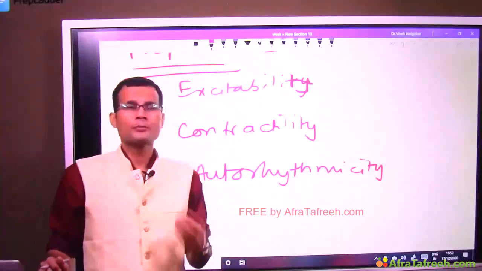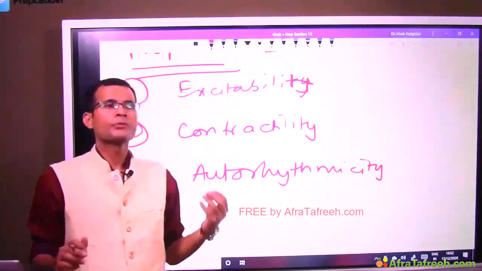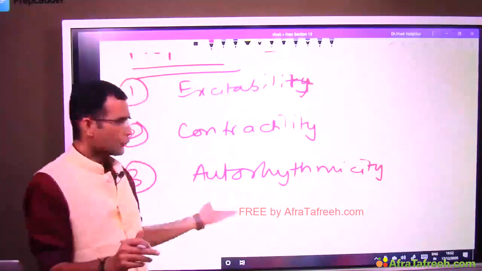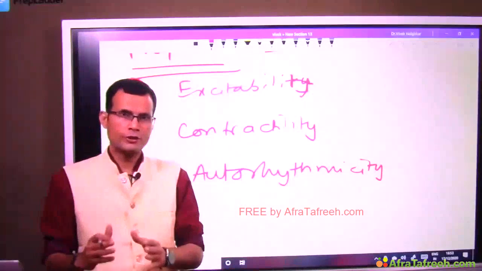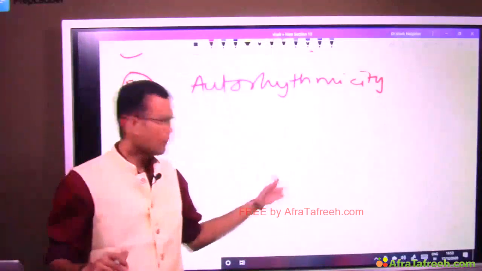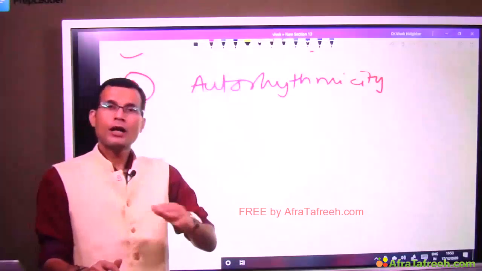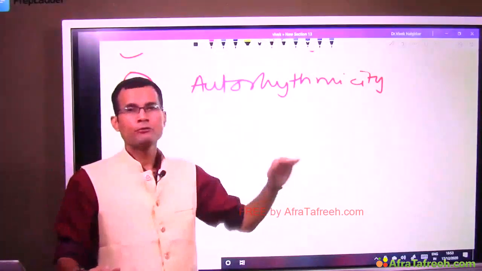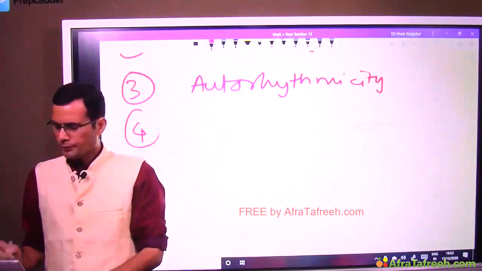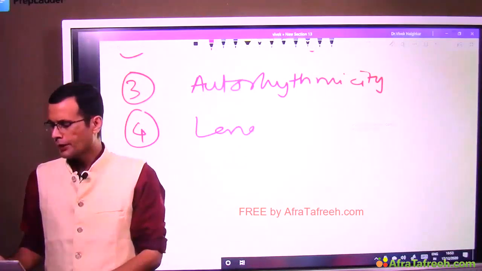Of course, because there is a pacemaker in the heart. If it stops functioning, then some other part should take over the function of pacemaker and generate the impulses. So it's a very important property for the heart to continue to beat forever. So that's one. And long refractory period.